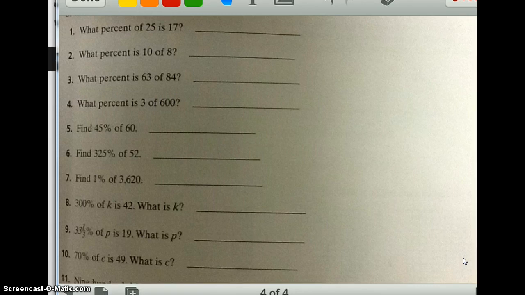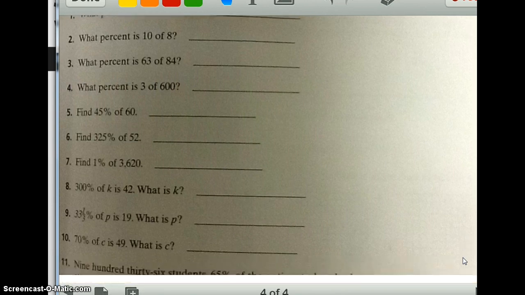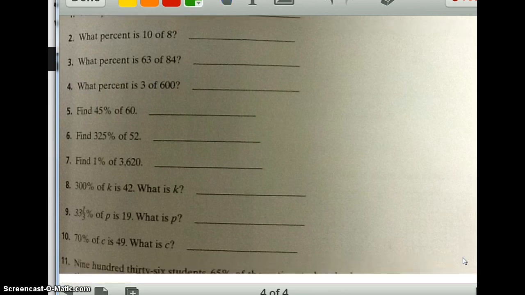Do you remember 33.33%? What fraction is that? You're right. That fraction is 1/3. And if you remember that that's 1/3, this will be a lot easier question. So it's really 1/3 of P is 19.